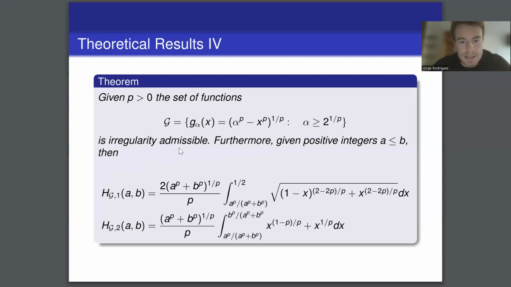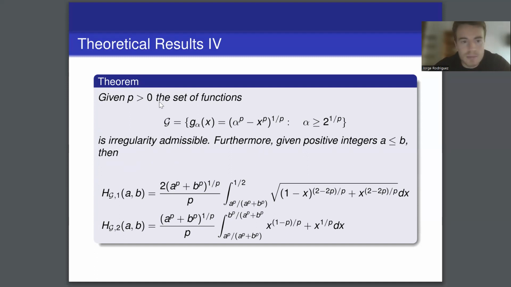Now we are going to see that for some particular functional forms of this set of functions G, we are going to get some nice closed form solutions for the length of the graph and the area under the graph that will allow us to compute easily the irregularity Sombor index that we have built.